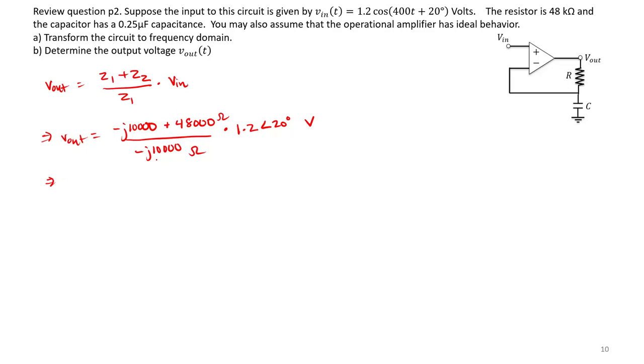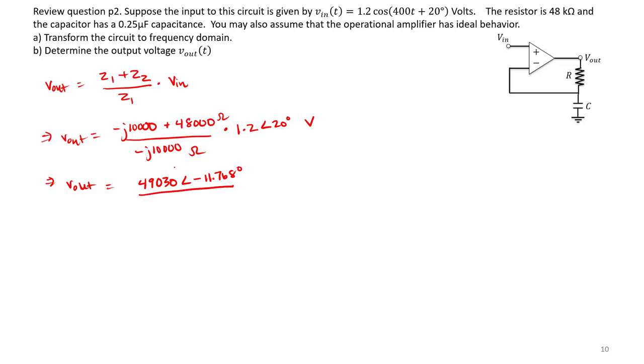So we'll just need to use our polar converter, and we can determine that the upper part of this numerator becomes 49,000 angle negative 11.768 degrees.